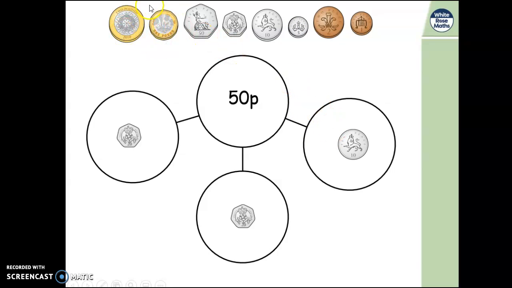We can't use the £2 and £1 because they're larger than the value. 50p, I'm going to have spaces because I've already made the 50p. So when you start to work out these answers, you need to look and think, right, which coins am I probably not going to use? Which ones do I think I will use?